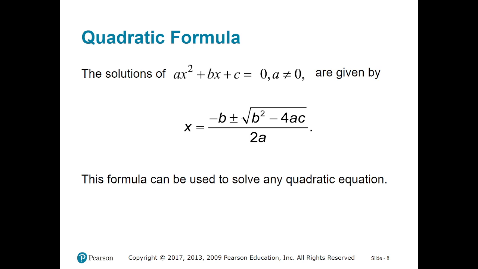If we have some quadratic equation, ax squared plus bx plus c is equal to 0, where a is not 0, then the solutions of that quadratic are given by this formula here. x equals negative b plus or minus the square root of b squared minus 4ac, and then that whole thing is divided by 2a. So we can use this formula to solve any quadratic equation.